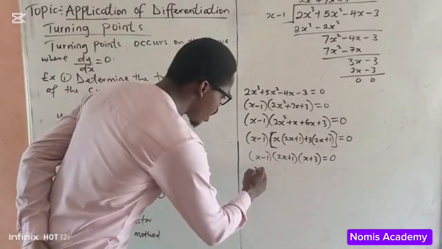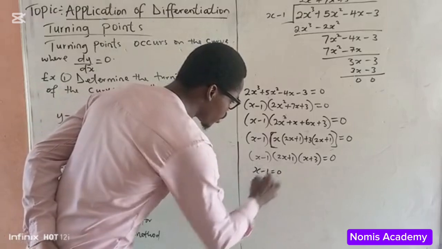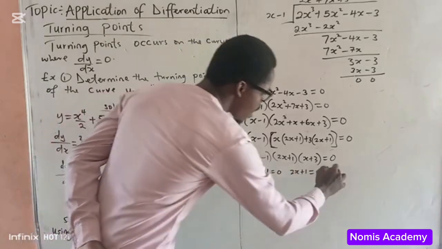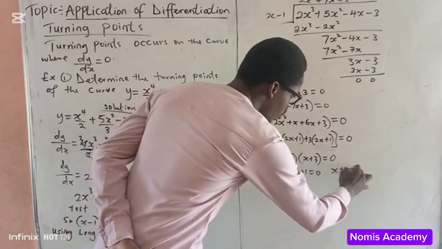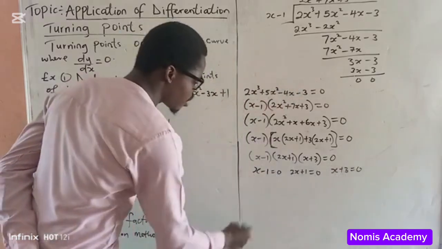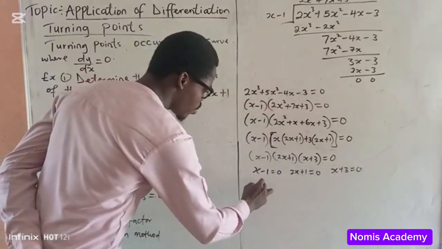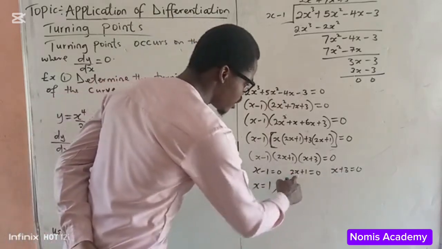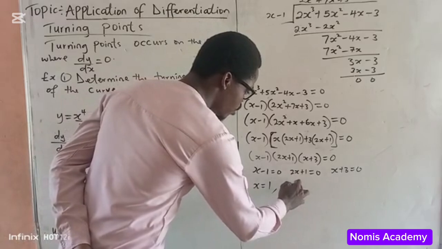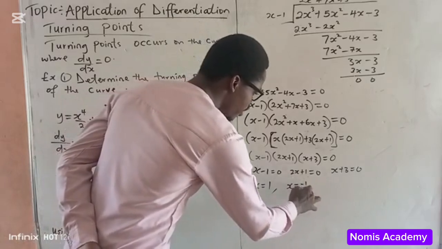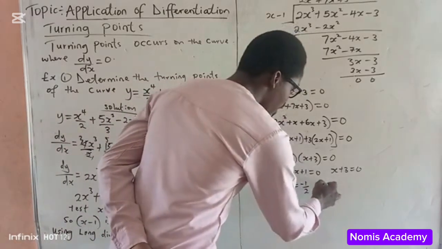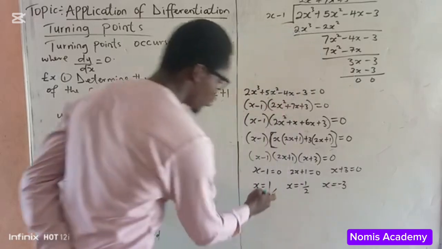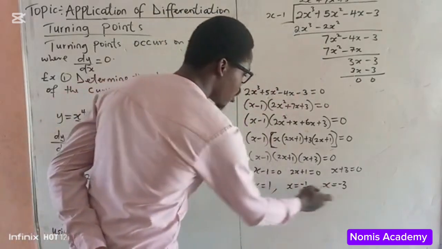Now we have x minus 1 equal to 0, 2x plus 1 equal to 0, and x plus 3 equal to 0. Make x the subject here. x is equal to 1. And then in the other place, make x the subject here. We have x equal to minus 1 over 2. And then the next one, x is equal to minus 3. So these are the turning points.